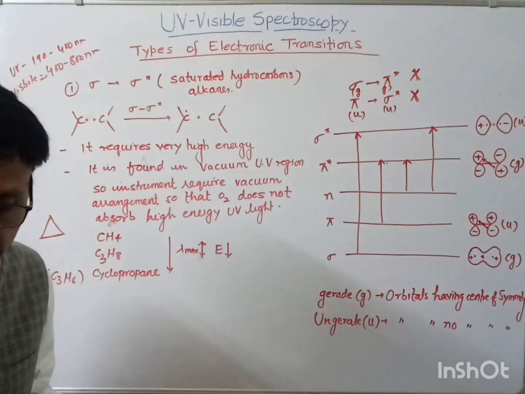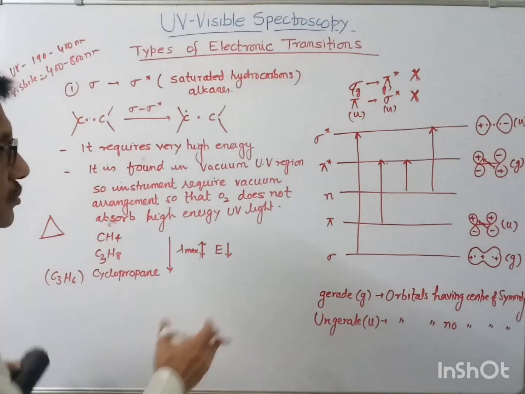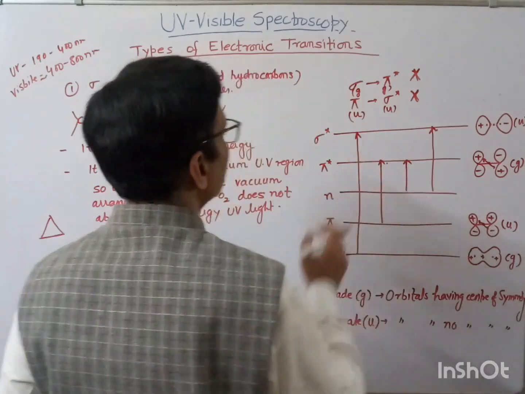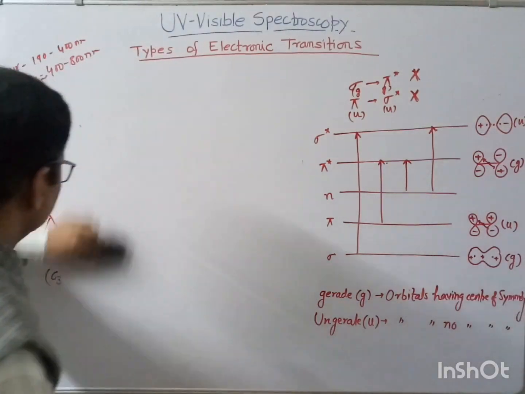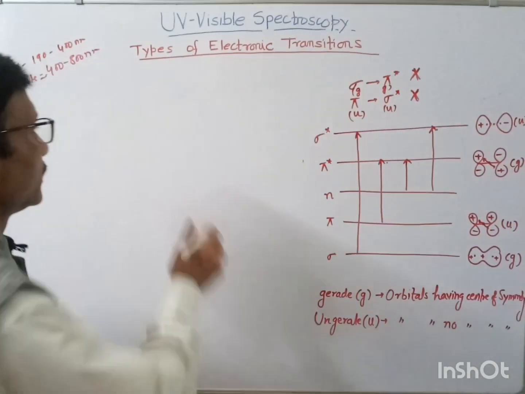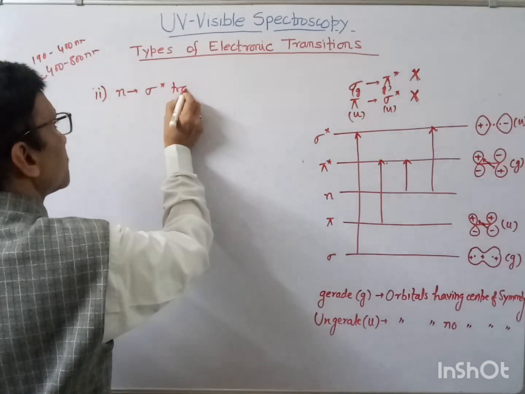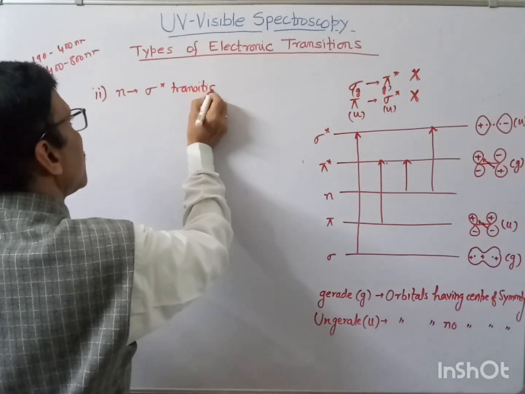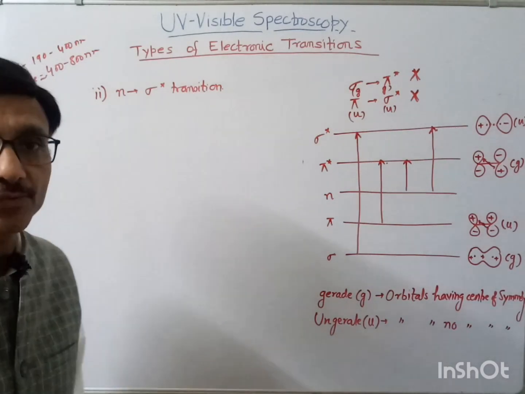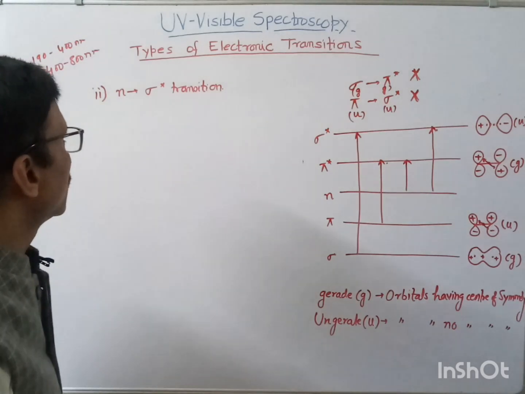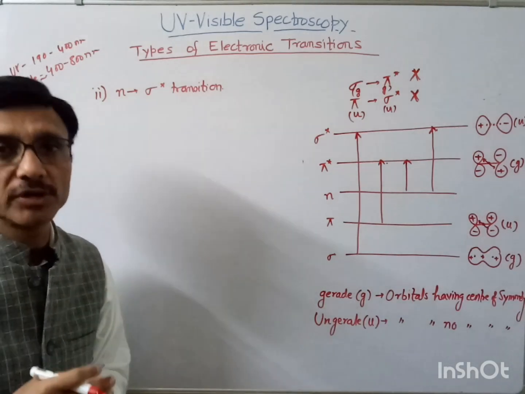In the same way, we may explain another transition, like the n to sigma star transition. It is involved where n electrons, non-bonding electrons or lone pairs of electrons, are present, and a single bond is involved also.